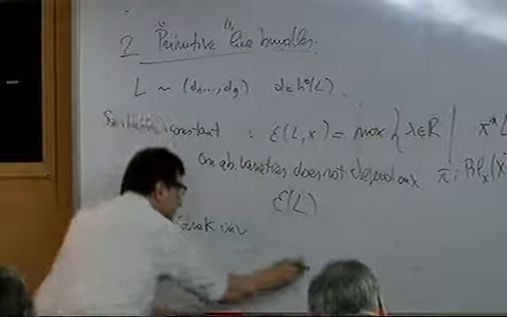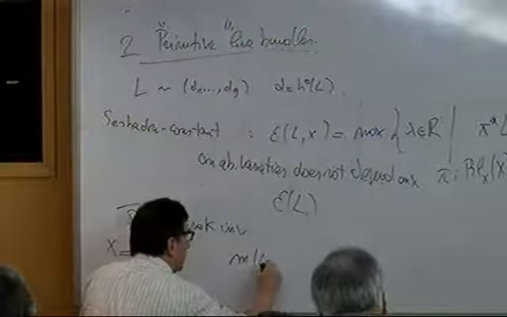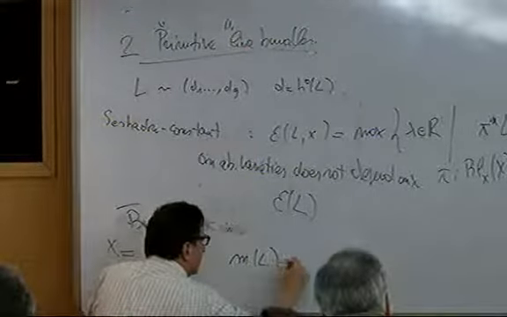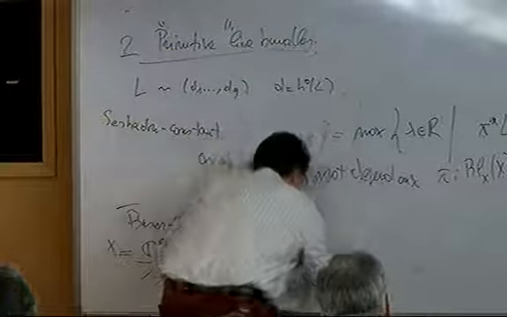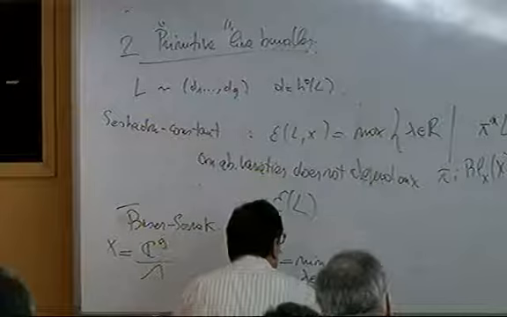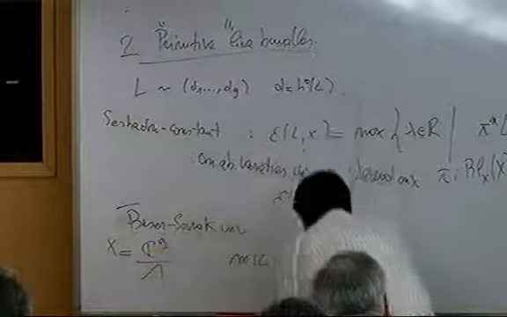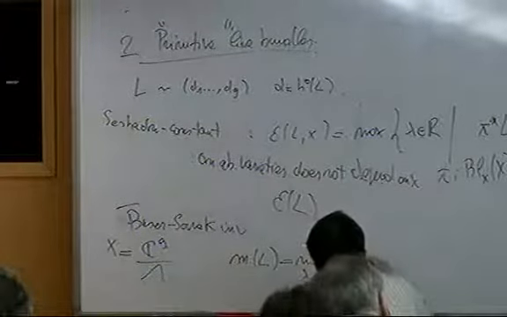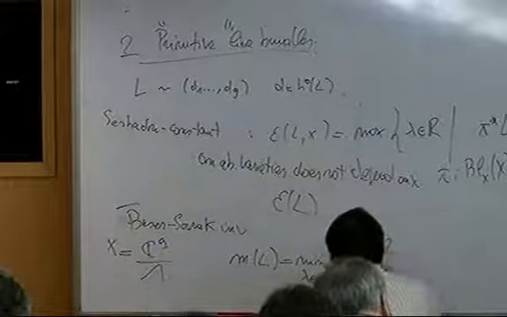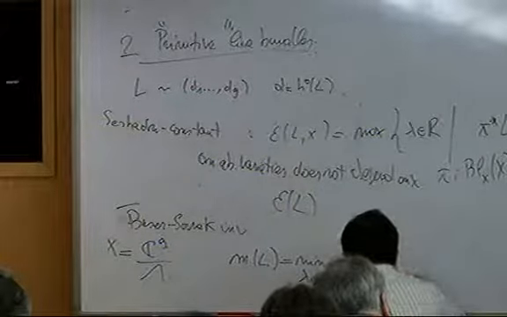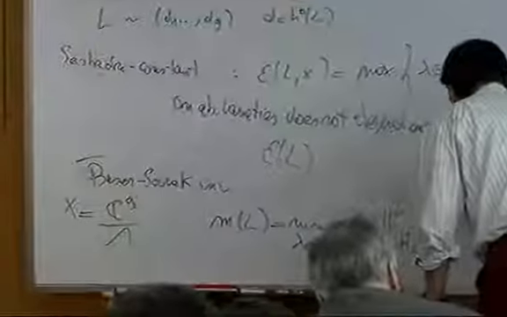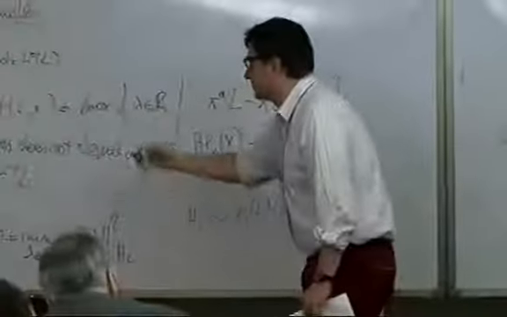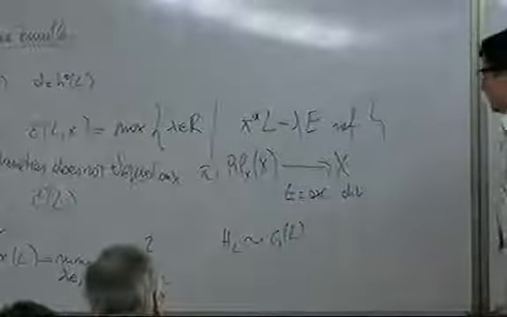And so the Buser-Sarnak invariant is the minimal length of a period, the minimum of the squared length of a period with respect to the geometric Hermitian form corresponding to c_1 of L. So it is a Hermitian form on C^g.